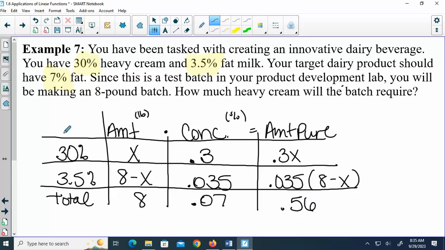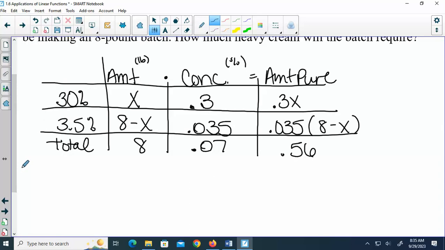Good. And then how do we write our equation from this? 0.3x plus 0.035 parentheses 8 minus x is equal to 0.56.